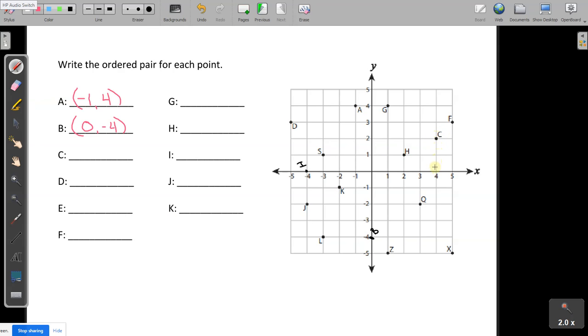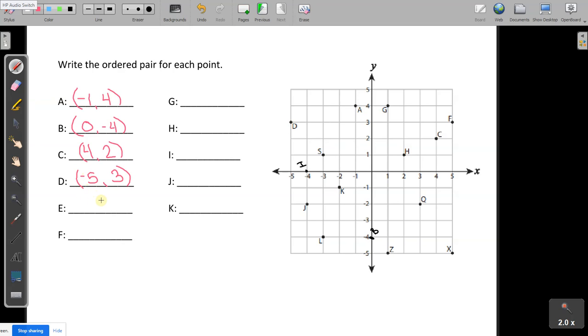So that x value is 4, and the y value is 2. D, right here, the x value is -5, and the y value is 3.